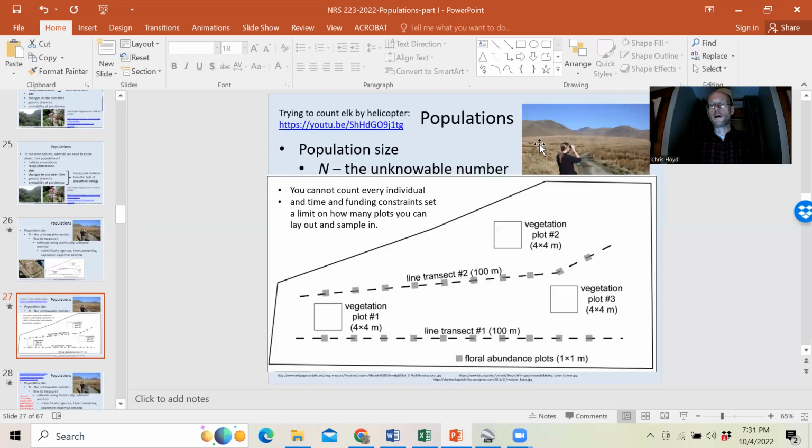She's going to be estimating population size by walking transects and counting as many birds as she can see within a certain range. You do this in a standardized way, over a certain period of time.